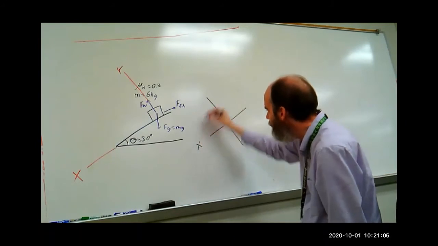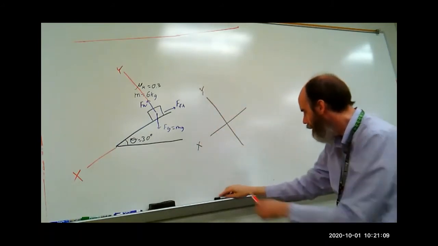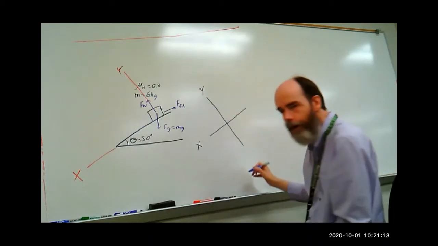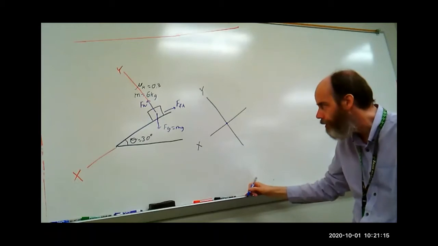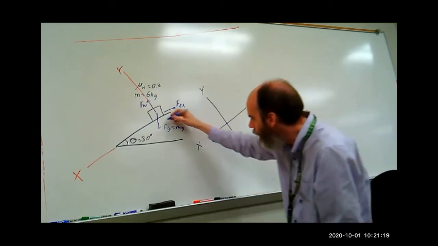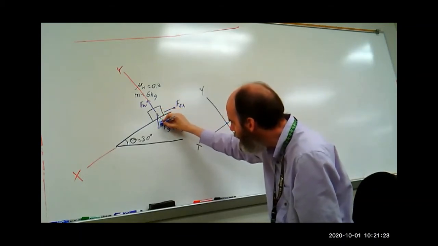This is x, this is y. This dot represents the box of treats.